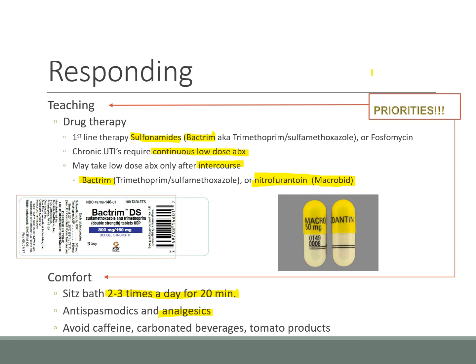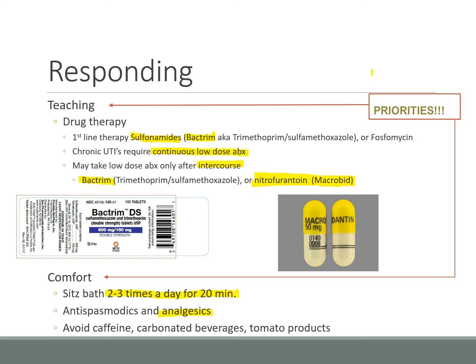For phenazopyridine, you take it usually for 3 days max. It's not to be used more than that, and this will change your urine a very, very bright orange. We're going to encourage our patients to use panty liners or underwear liners because it will stain the underwear permanently.